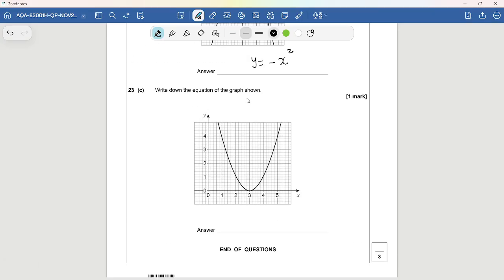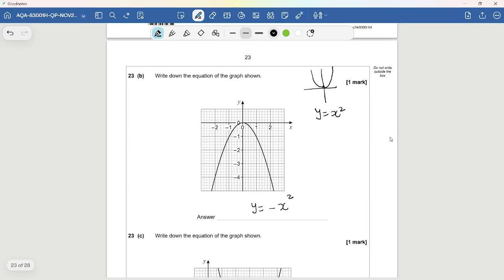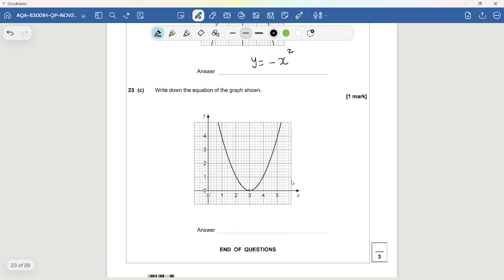Write down the equation of the graph shown below. Now here we see from the original graph, which has a turning point at 0, it has been shifted here to the turning point being at 3, 0. Okay, so it has been translated all the way from here to here. So how is the equation being changed?